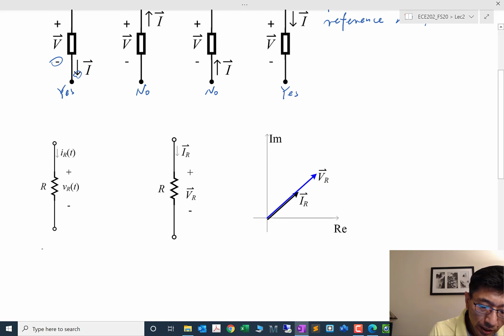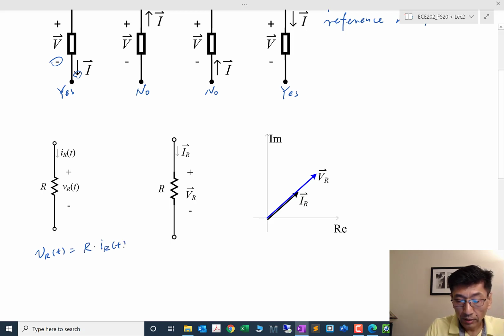Therefore, we have Ohm's law, which is v_R(t) equals R times i_R(t), right? And if you convert this to phasors, the element constraint for the resistance in phasors is really straightforward, just the same: V_R phasor equals R times I_R phasor.